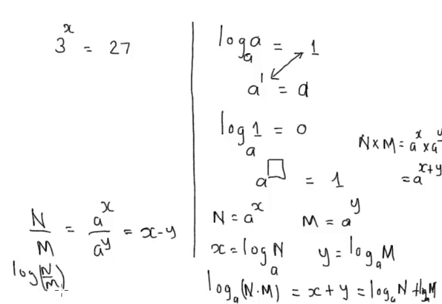I'm going to ignore the base a, because that applies everywhere. So this is going to be x minus y. But x is the logarithm of n, and y is the logarithm of m. That's another property there. So what you need to do now is go through this and summarize; those are the properties of logarithms.